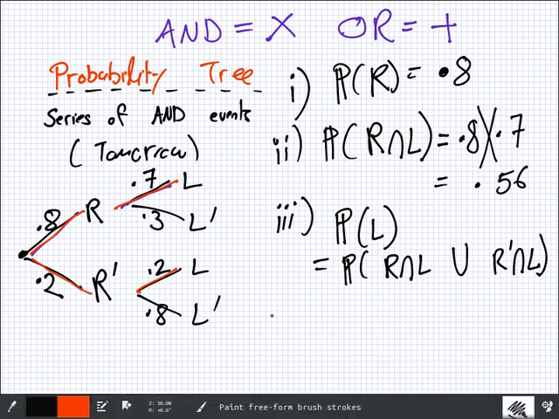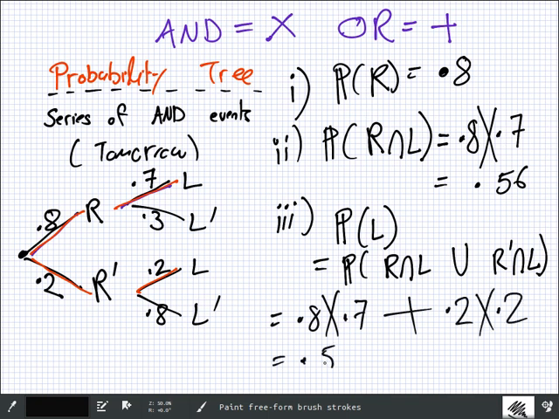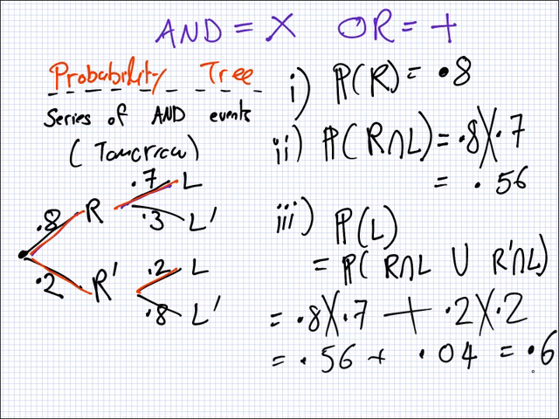So path 1 is 0.8 times 0.7, or path 2, 0.2 times 0.2. So that would be 0.56 plus 0.04, which is 0.6. So you have a 60% chance of being late. Okay?